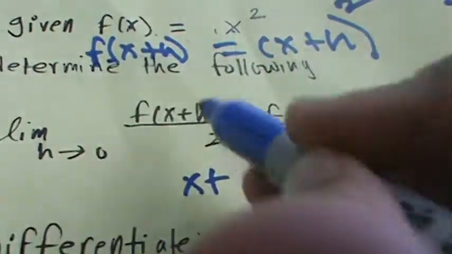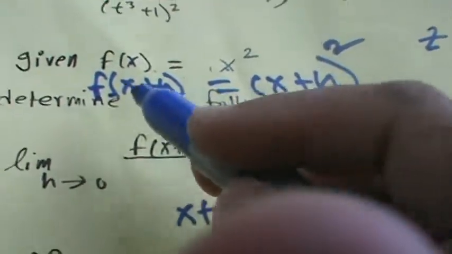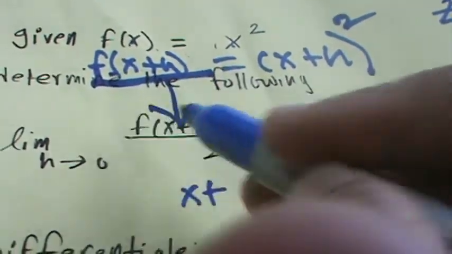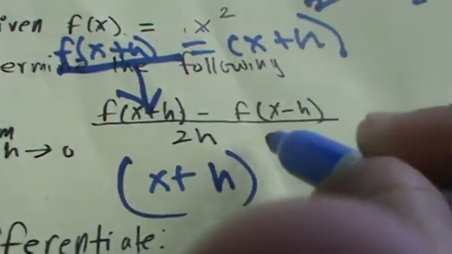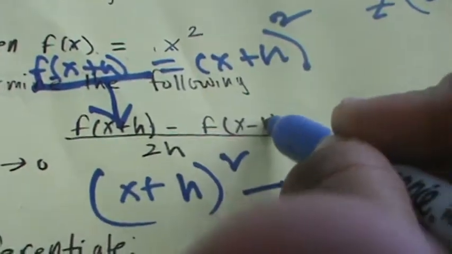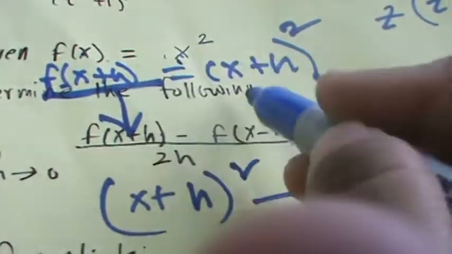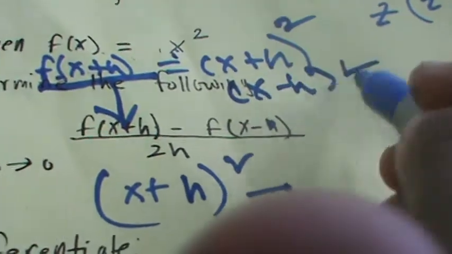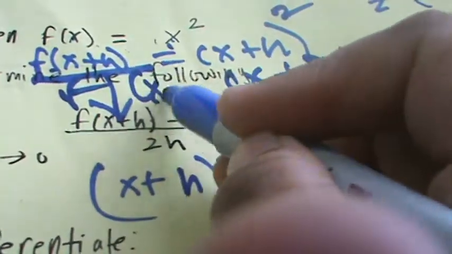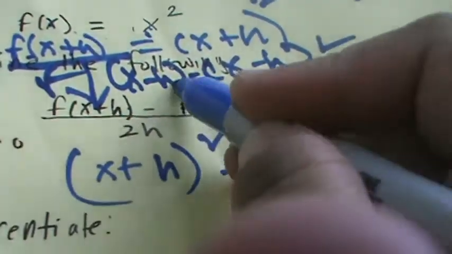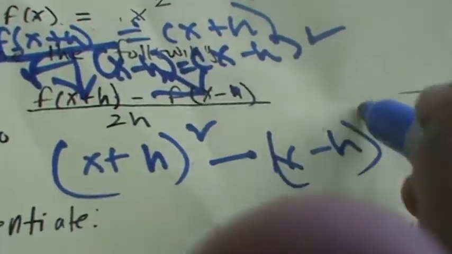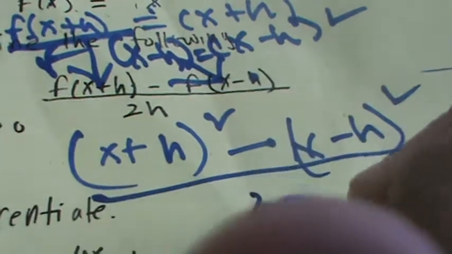So x plus h squared, that's what you plug in. See, f of x plus h is equal to x plus h squared, so I'm just plugging in x plus h squared minus f of x minus h. Well, everywhere you see x, you put x minus h and square it. So f of x minus h is going to be x minus h squared. Now you're the one who's gonna have to simplify this.